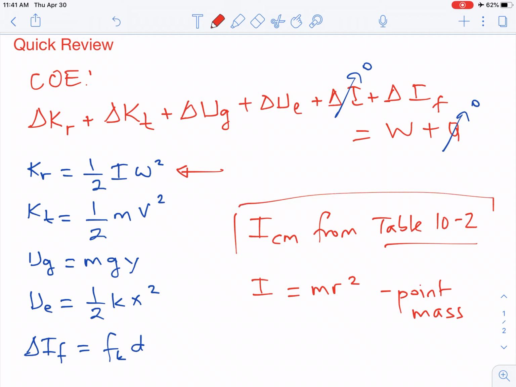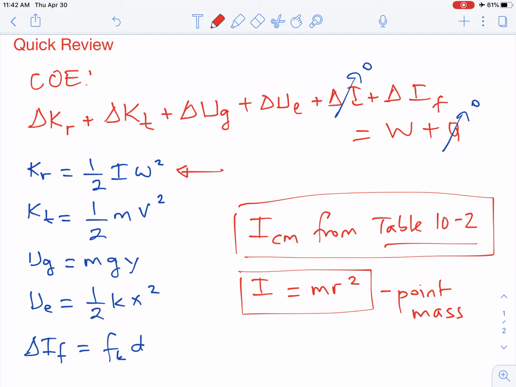For any other shapes, you have to refer to table 10.2. But if it's a point mass, this is what you have, and it is not in table 10.2. There is a hoop in table 10.2, the first thing on the table, and it is also mr squared. They happen to be the same, but that is not really the point mass. Hoop and point mass have the same form of inertia, but the rest have different forms, and most of the time the coefficient of mr squared changes. So you need to be careful choosing which one is your case.